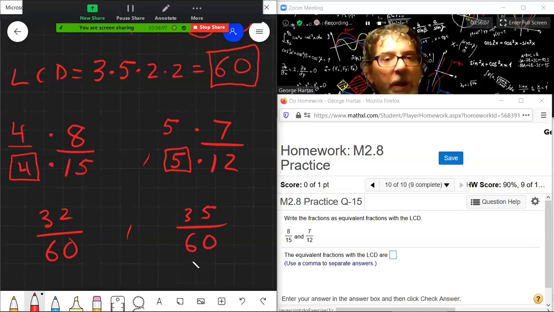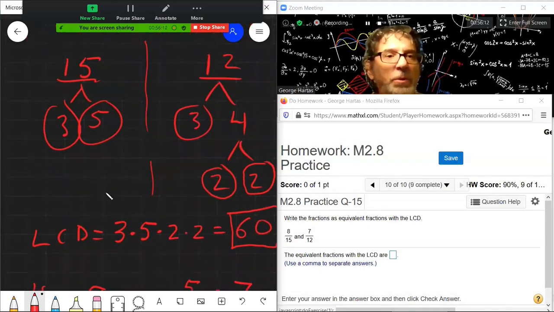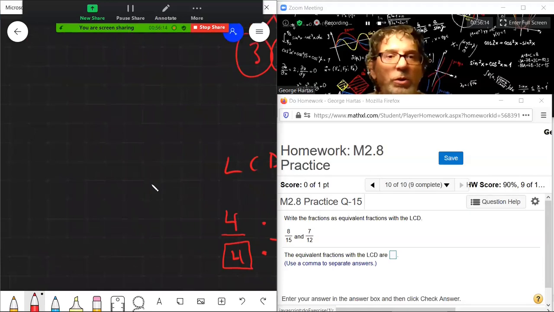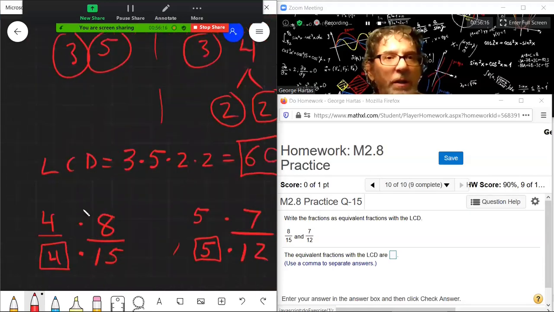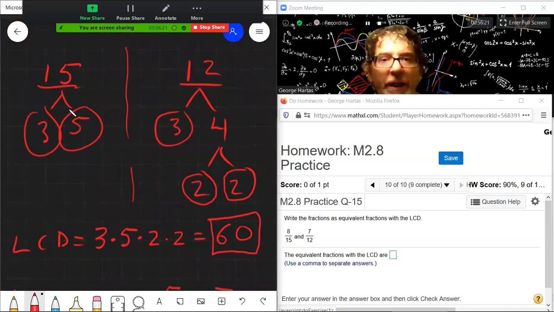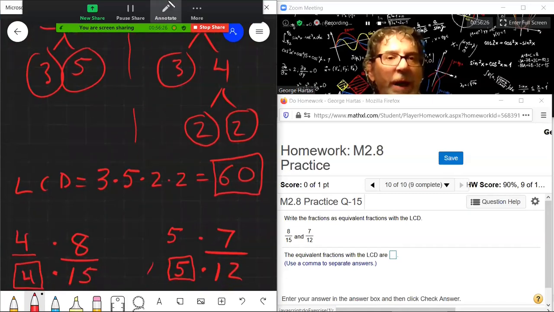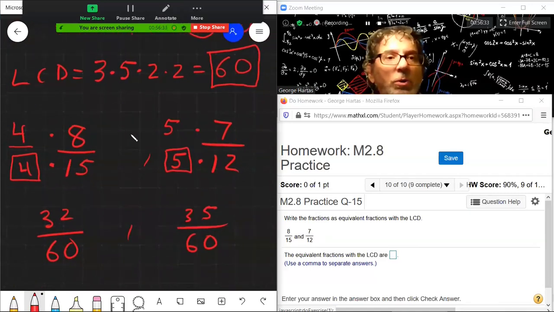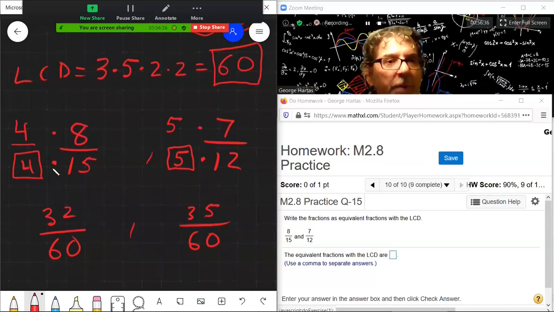All right, so let's kind of rewind a little bit. Let's go back and see what we did. So we used the factor tree to break down the numbers. Into the prime factorization, we found the lowest common multiple or the lowest common denominator. Then we used that denominator to help us bump up this fraction and that fraction.